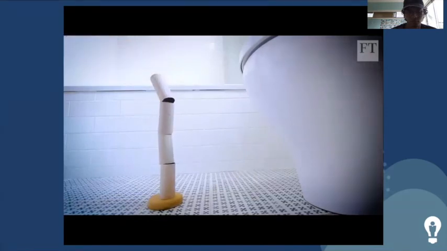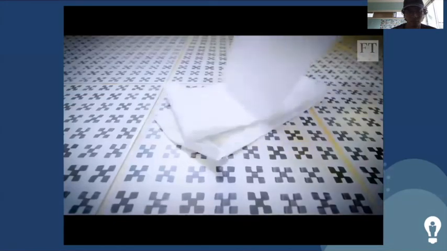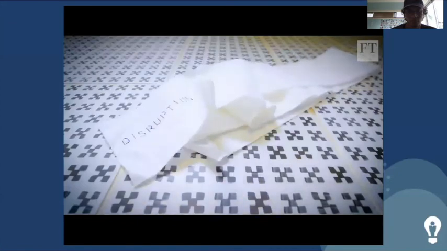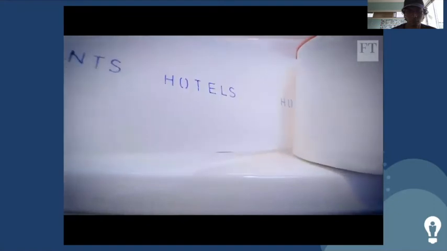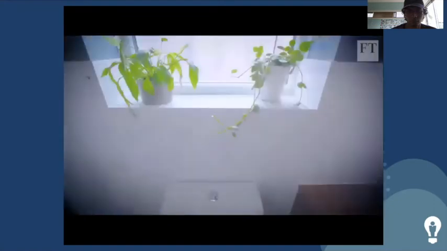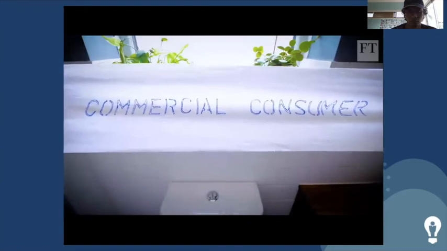The disruption we're talking about isn't the global supply of raw paper pulp. It's about how the paper gets made and who it's for. The market for toilet paper is split between commercial and consumer uses. That's things like offices, restaurants and hotels, and people buying it for themselves at home. And the two markets are completely different.